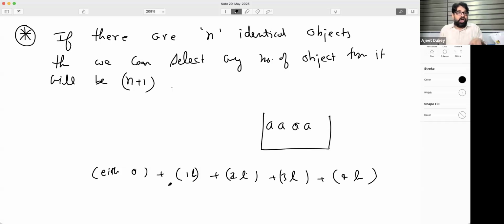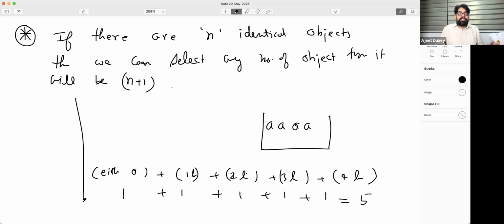Or means addition, so you have to add. Zero letters: one way; 1 letter: one way; 2, 3 and 4 letters: one way each. The total number of ways to select any number of letters will be 5.